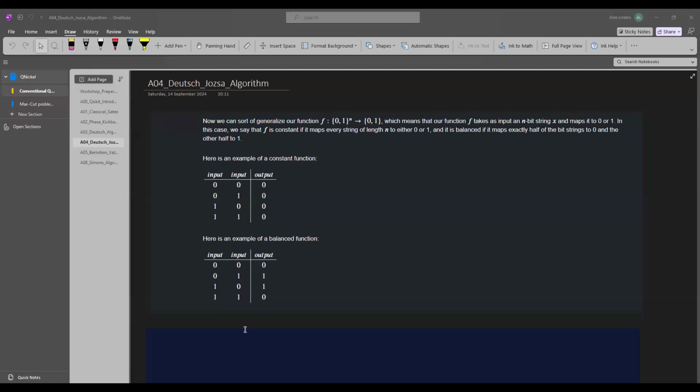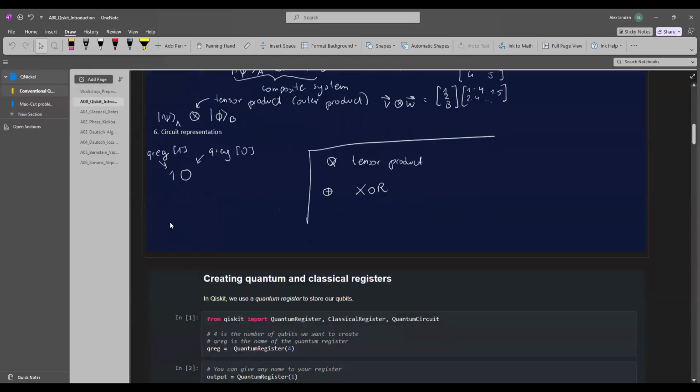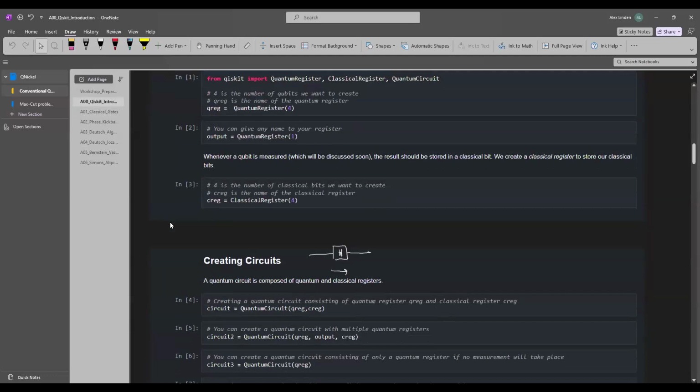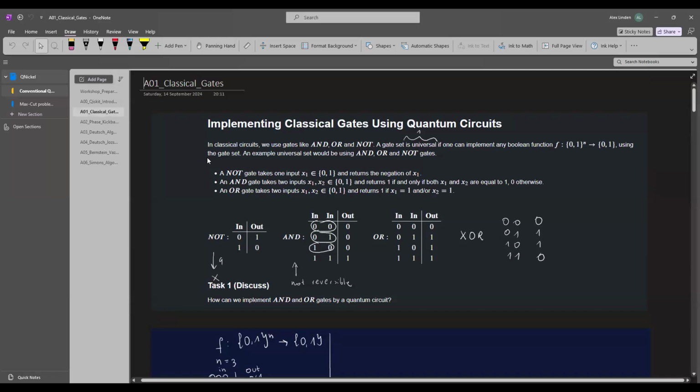All right, let's remind ourselves what we did yesterday. First, we reviewed some basics and reviewed Qiskit, which is the framework in which we are working. Next, we looked at classical gates and how to implement them in a quantum way.